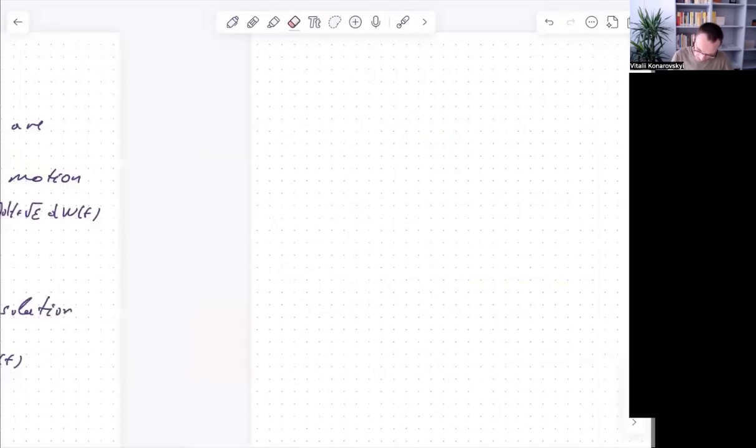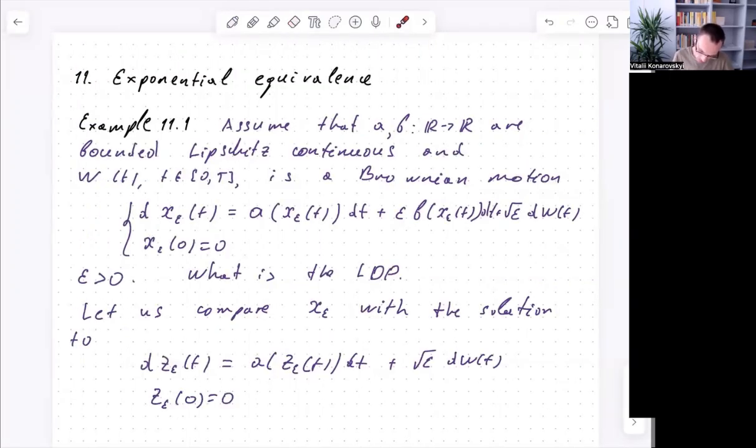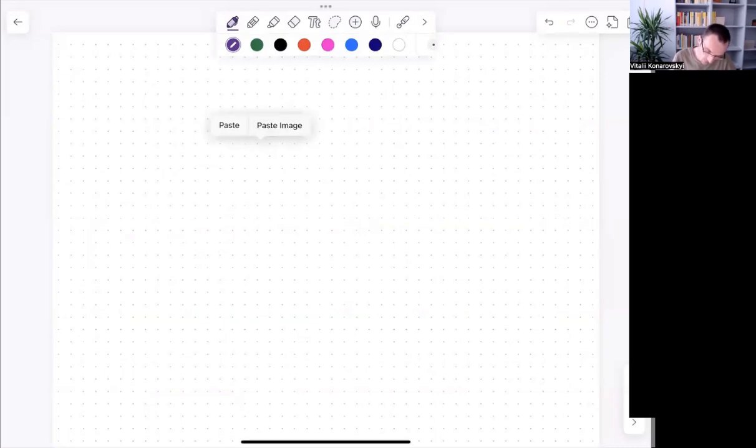Here we will use the same approach as two lectures ago. We want to use the Gronwall inequality. So we start with the estimate of the difference of two solutions. We put the absolute value and consider X^epsilon_t minus Z^epsilon_t.